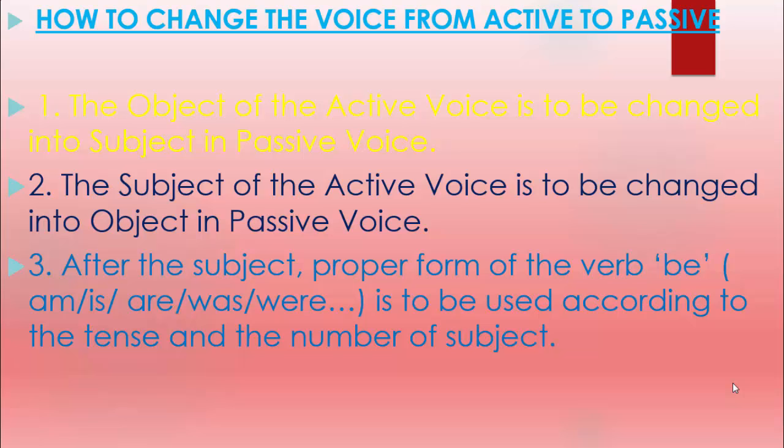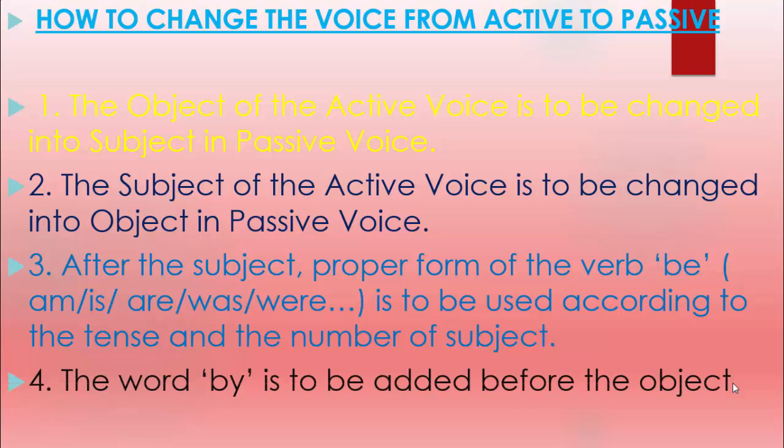Means, the verb changes according to the tense and the number of subject. The fourth rule is that the word by is to be added before the object. Means, we have used by before the object.